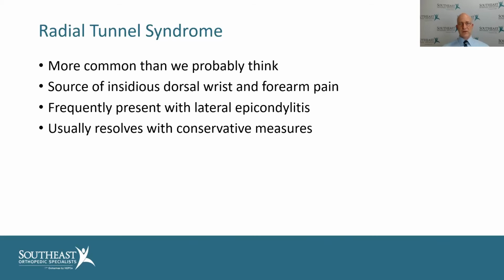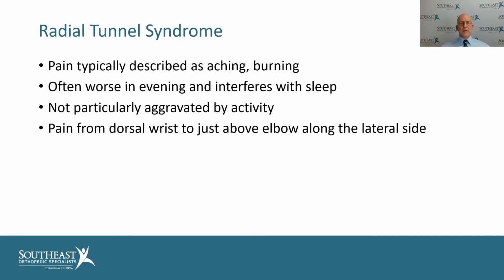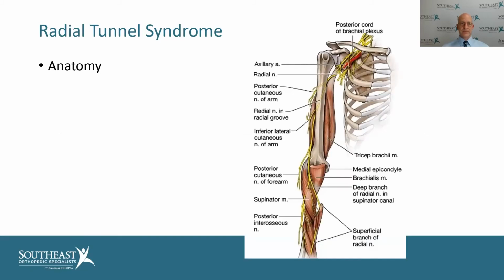So identifying radial tunnel syndrome is actually quite important. Radial tunnel syndrome, again, is frequently described as aching and burning, which many types of nerve pain are, often worse in the evening, interferes with sleep, not particularly aggravated by activity, with pain on the dorsal wrist to just above the elbow on the lateral or outer side.